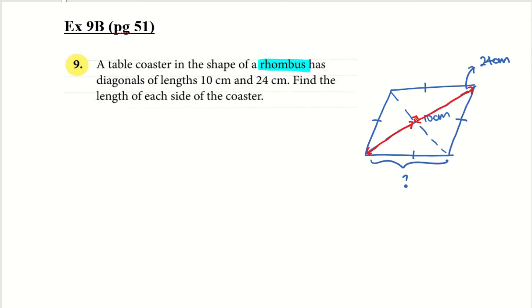So the midpoint bisects your two diagonals into two equal halves. That means if the entire red length is 24 cm, one side is 12 cm. Same goes for the other diagonal. If the entire diagonal is 10 cm, this part here, the one in green, will give you 5 cm. Same goes for the other side. This is also 5 cm.